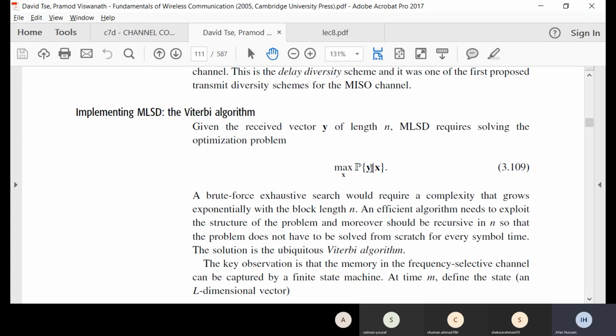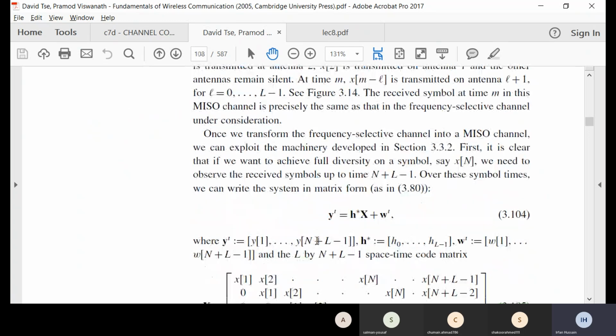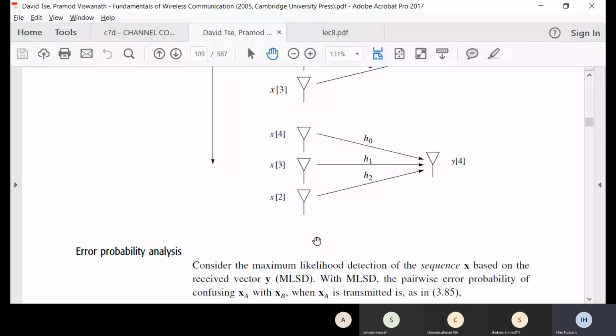Y is the received vector. As you can see, the sequence was x1 up till n, and y was also up till n plus l minus 1. If you could see here, this was your y. This was the sequence. So what is the probability of maximizing this sequence with the knowledge that I knew what was sent? This is the optimization problem.